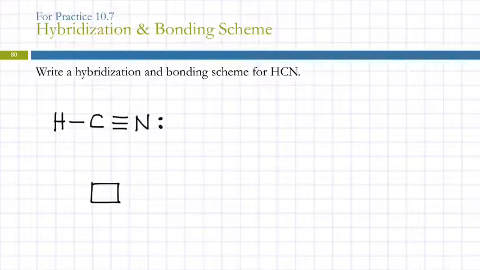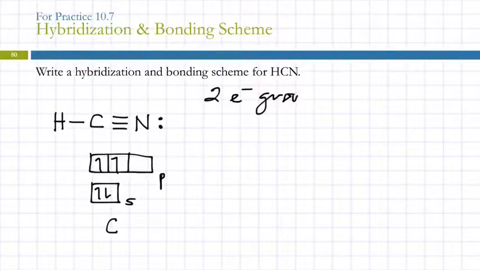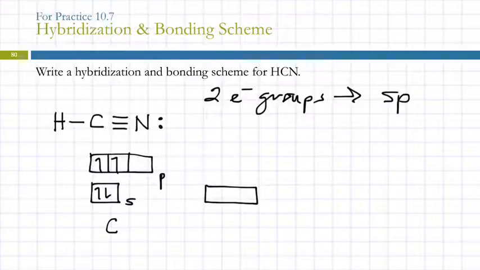Okay, so here's carbon's atomic orbitals. We got the S and the P, 1, 2, 3, 4. So that's carbon. There are 2 electron groups. That tells us it's SP. So it's going to take an S and a P and hybridize them, and then there's going to be 2 P orbitals left over.